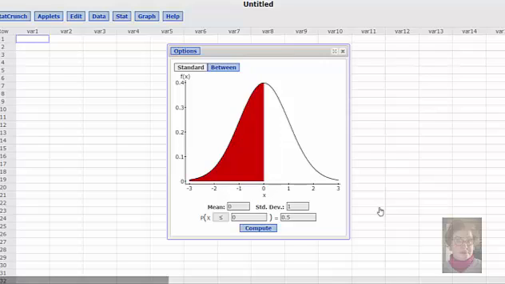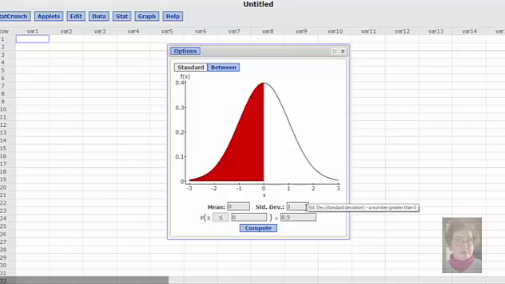Let's assume that the mean reading is 0 and the standard deviation of the readings is 1. In other words, our mean in this case is 0 degrees and our standard deviation is 1 degree. And we're going to assume that they're normally distributed.